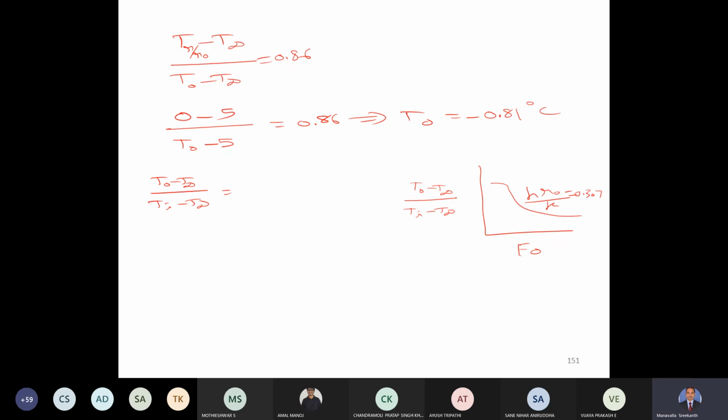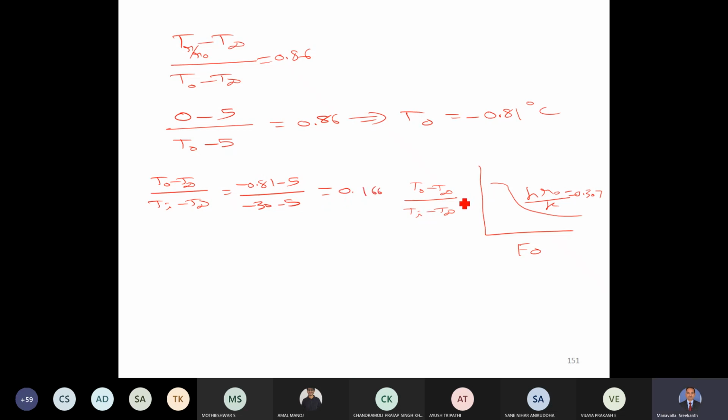So T naught is how much now for us? It is minus 0.81. So minus 0.81 minus 5, divided by initial temperature minus 30 minus 5. So how much is this? 0.166.